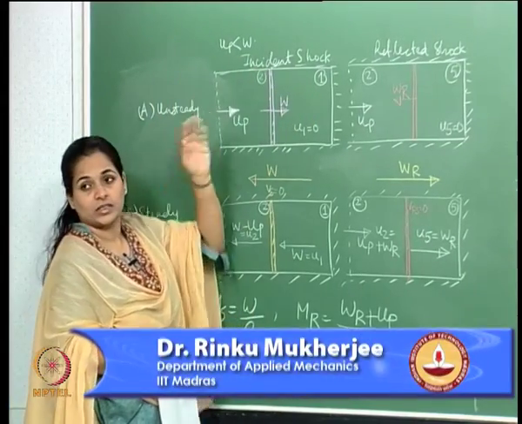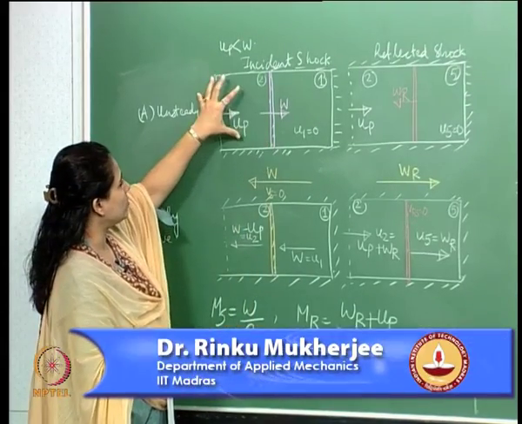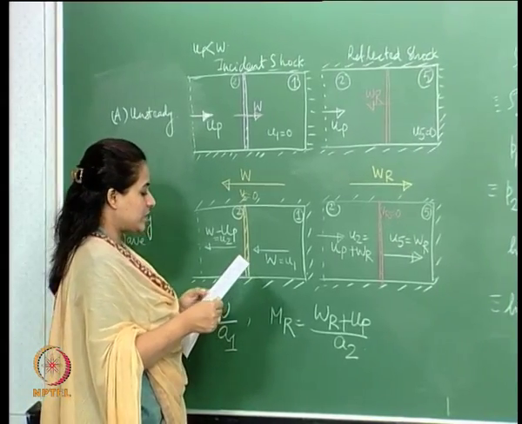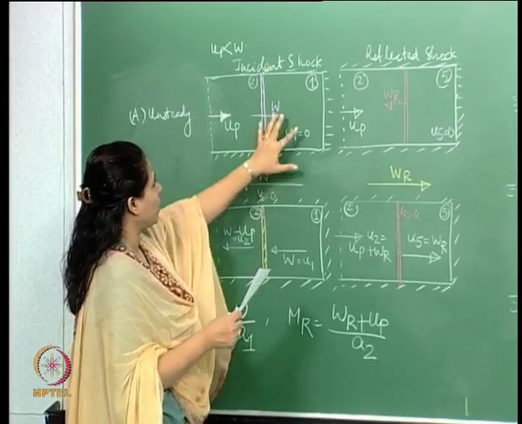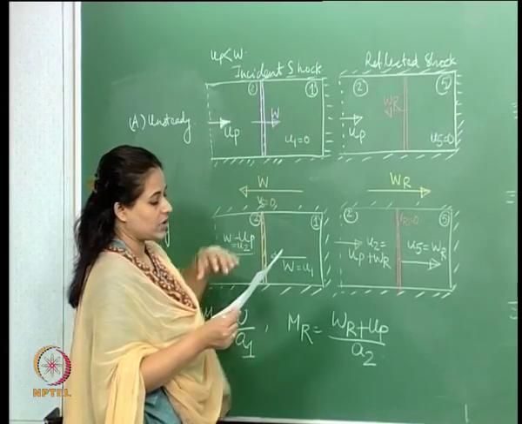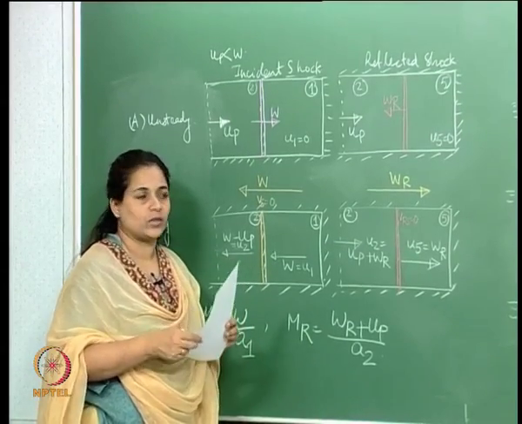So when we break the diaphragm, it moves into the quiescent flow here. So this is the driver section, this is the driven section. So the air in the driven section of the shock tube is at P1. So P1 is given as 0.01 and T1 is 300 Kelvin, and the pressure ratio across the incident shock is 1050.